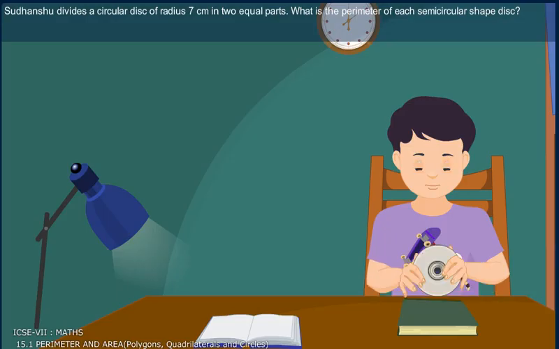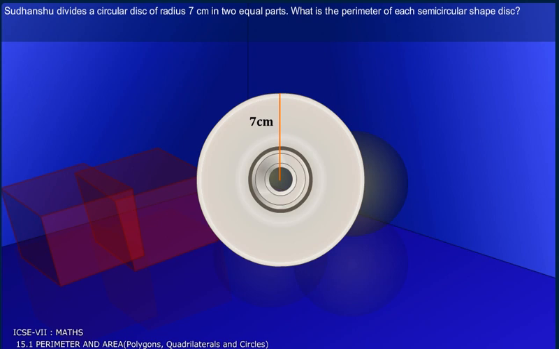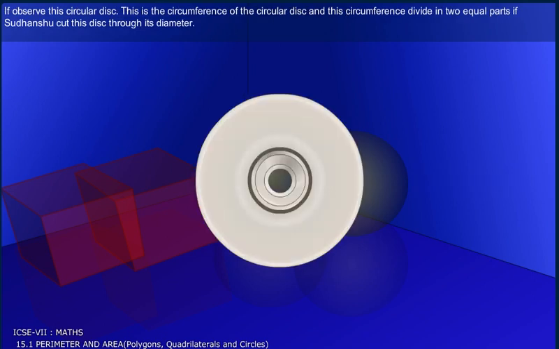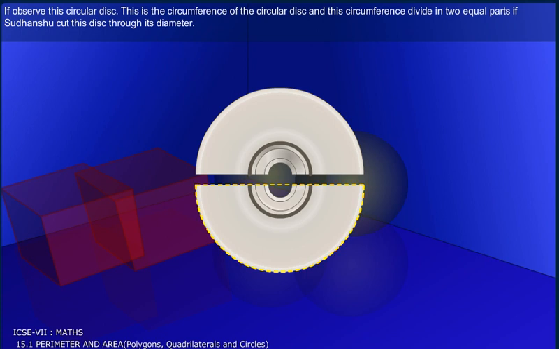Sudhanshu divides a circular disc of radius 7 cm into two equal parts. What is the perimeter of each of the semicircular shaped discs? If we observe this circular disc, this is the circumference of the circular disc and this is the circumference divided into two equal parts.